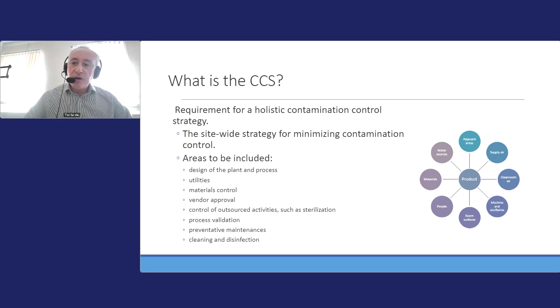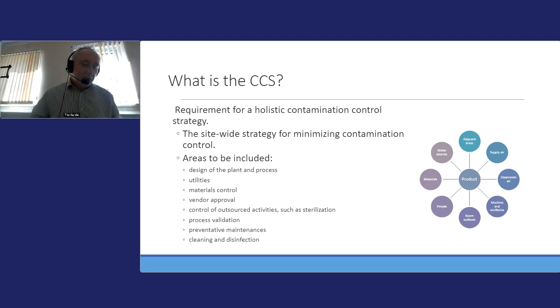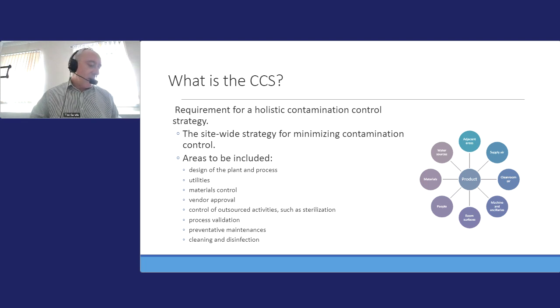It should cover the management of outsourced activities, particularly in terms of quality control testing and also with sterilization. It should include process validation, the validation of sterilization processes, preventative maintenance, our monitoring systems, and also the way we handle data in terms of trend analysis, root cause determination, and so on.